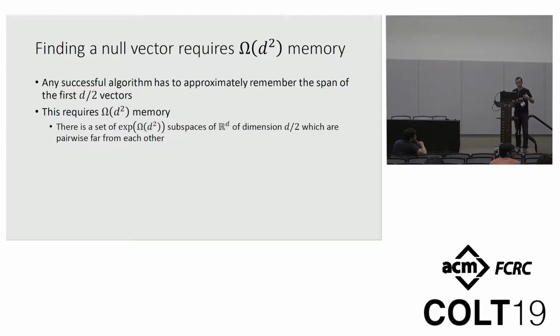If it doesn't have enough memory, then it's going to confuse between many vector spaces which are far apart. In this case, we show that the algorithm is going to have a lot of error. And in order to remember a vector space of dimension d over 2, which is a subspace of R^d, we need d squared memory.